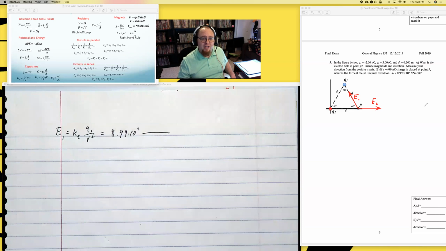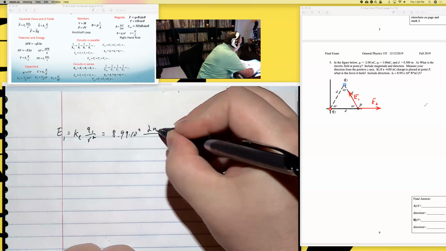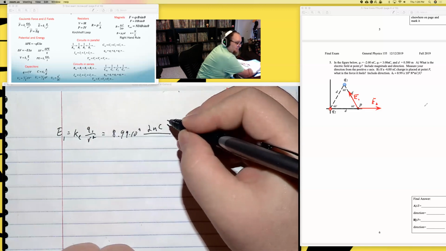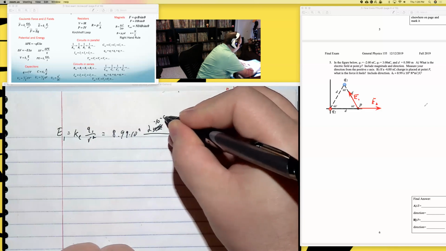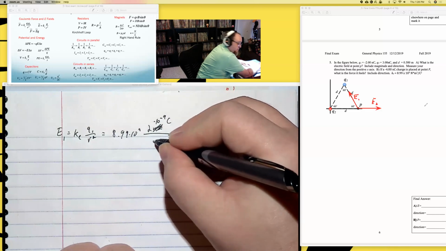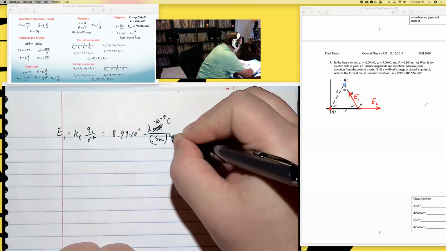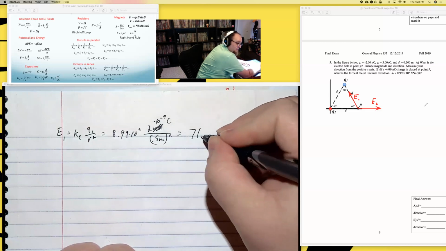For potential and voltage, do not. That'll throw you off. But this negative sign is just direction. We're going to work out the direction separately. So I'm just going to say 2 nanocoulombs and just use it for direction, which is 2 times 10 to the -9 coulombs. And D was 0.5 meters. Then I can get a value.